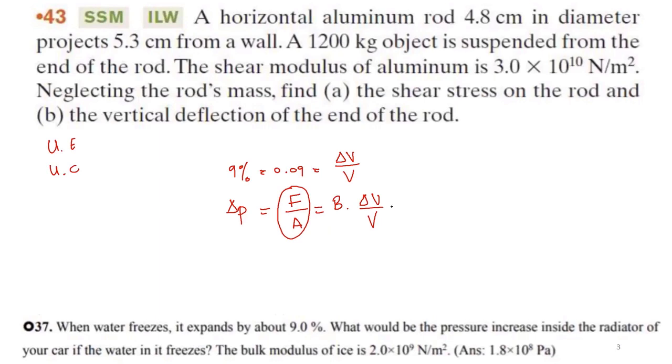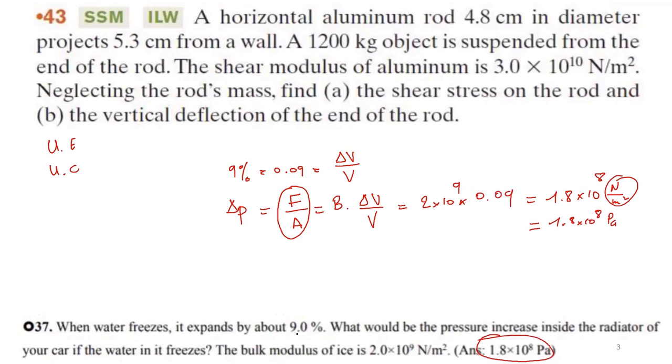Okay. So I know the bulk modulus, 2 times 10 to the power 9. I know delta V divided by V, which is 0.09. I just calculate and I will get 1.8 times 10 to the power 8 Newton per meter squared. But remember, Newton per meter squared, when I have, of course, a liquid, this is just Pascal. Okay, and this is the answer. Okay. Good.